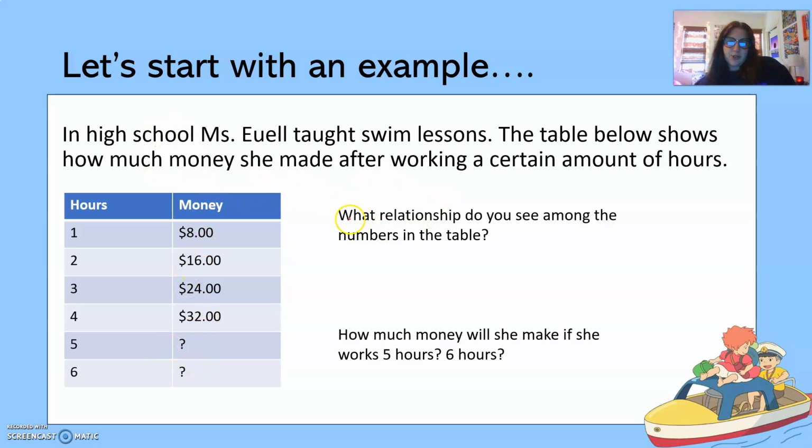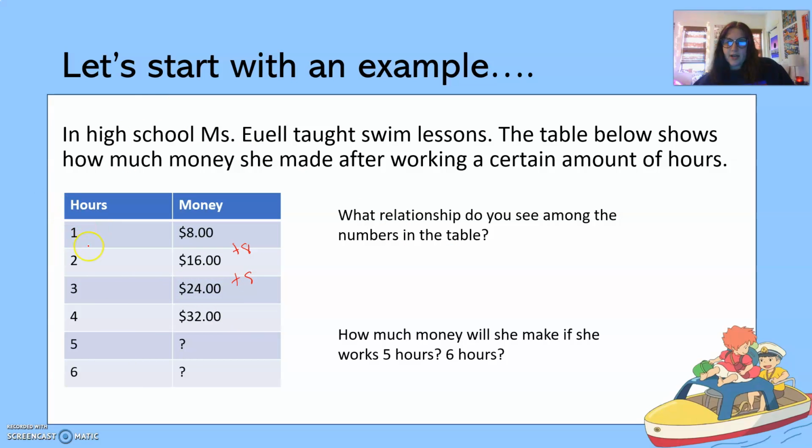So let's answer this first question. What relationships do you see among the numbers in the table? So I look at this table, and first I see that my hours are going up by 1. My money is adding 8 each time. So I add 8 each time I go up an hour.